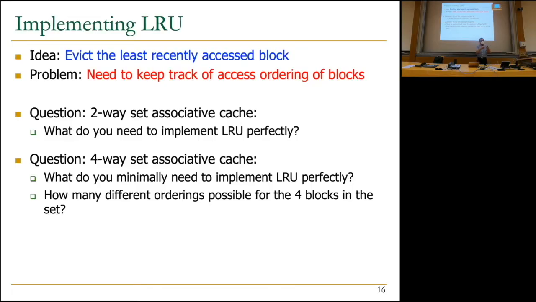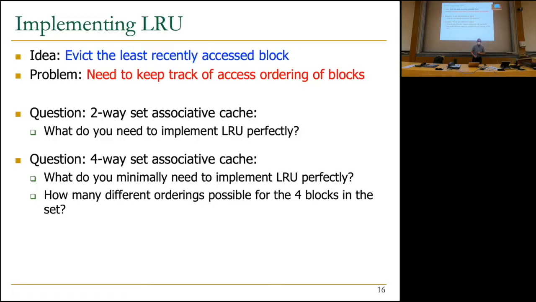Then there are only 2 blocks left, and once you decide that, there's only 1 block left to be the most recently used. So there are 4 possibilities in the first slot, 3 in the next, 2 in the third, and 1 in the last. So you have 4 times 3 times 2 times 1, 4 factorial, different possible orderings in which you can choose those blocks to be at those 4 positions.